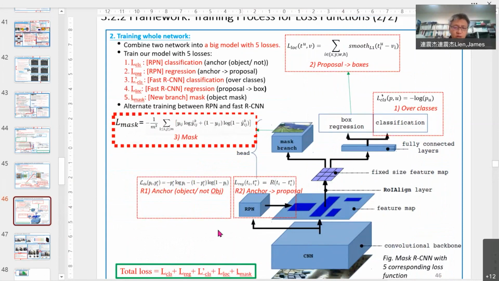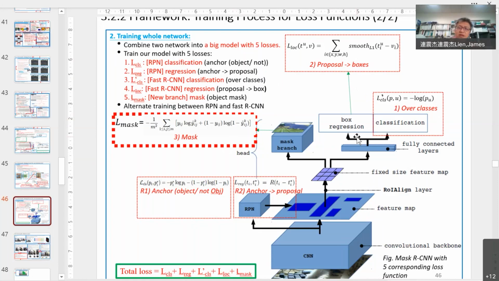One is that you train the region proposal network first individually and fix the parameters. Based on this, you just plug it in, don't change the parameters, and you train the entire network, adjusting only the other 3 loss functions. So this is the first method.